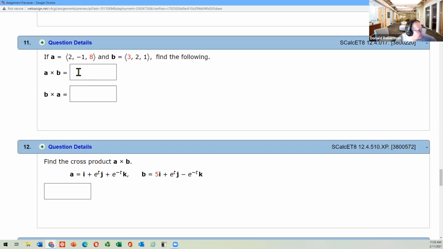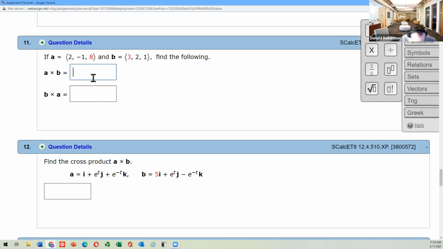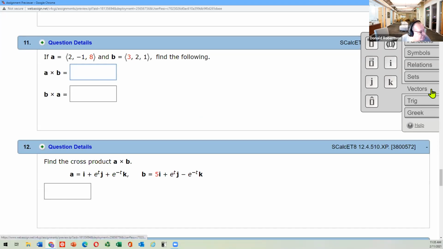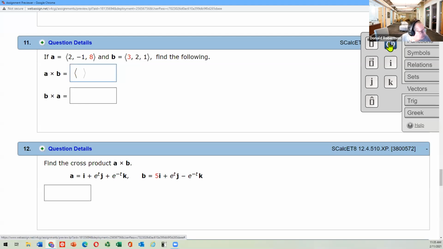Oh, this one's interesting. In question 11, you're doing a cross product of A and B. And let's just say, and this isn't the right way to type it, but I'll make it the right way to type it. That's me being lazy. Can we imagine that the answer is 1, 2, 3, just for argument's sake?